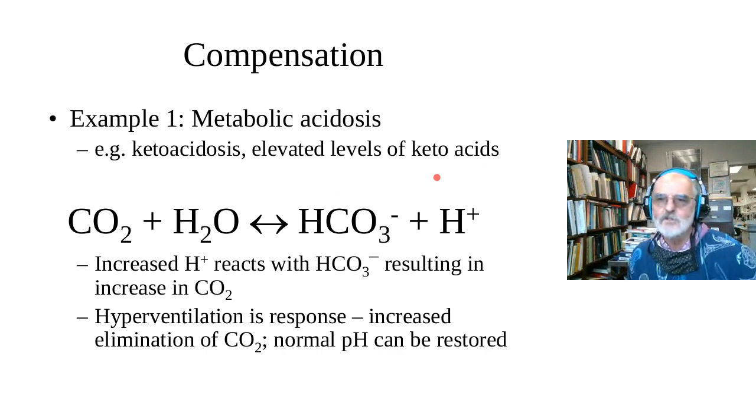So the keto acid titrates the bicarb over to the CO2, and then the breathing gets rid of the CO2, and that increased rate of breathing, hyperventilation, helps to get rid of this volatile acid that's being produced by the ketone acids. So metabolic acidosis is usually associated with low bicarb and increased breathing rate. The compensation is increased breathing rate.